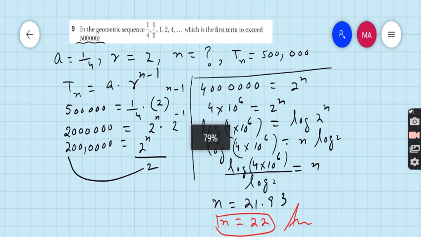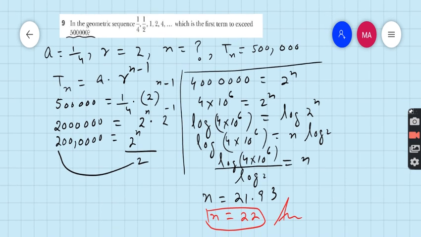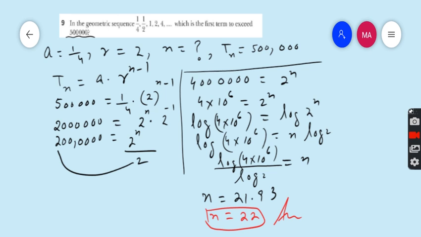If you want to check that my answer is correct or not, just put n is equals to 22 in the formula of Tn, a r to the power n minus 1. A is 1 upon 4, r is 2, n is 22, 22 minus 1. You can easily check that at this number of terms, the answer is greater than 500,000.